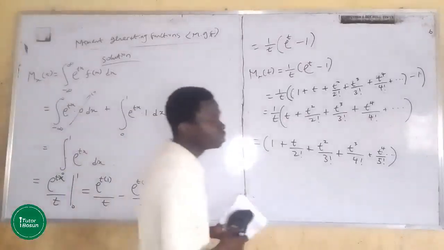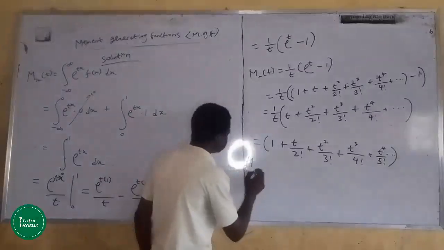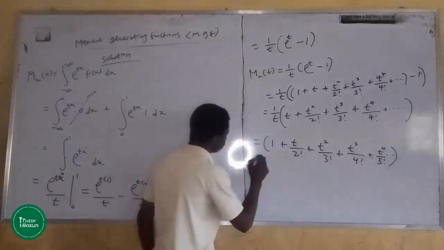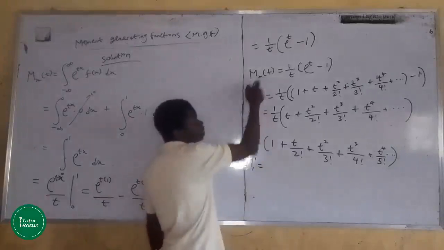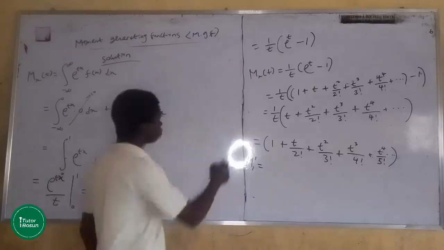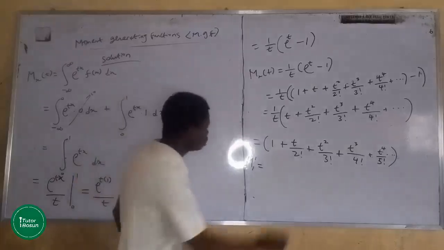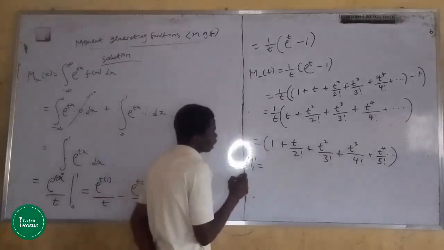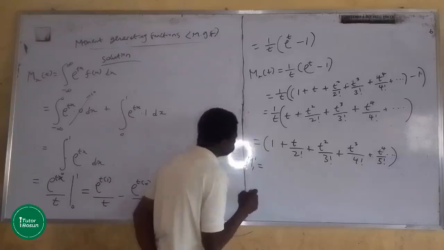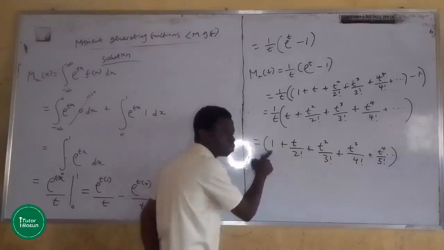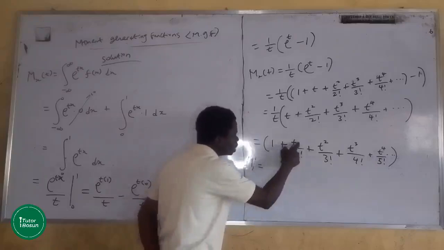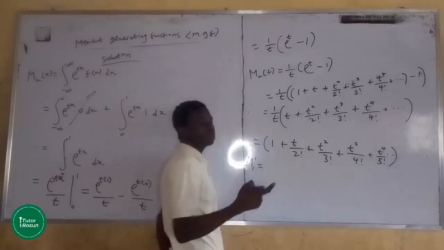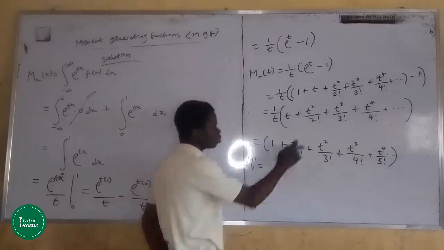So we can now determine our first moment. Determining our first moment, that's the first derivative of your moment generating function. So we want to differentiate this once. If you differentiate, 1 becomes 0. If you differentiate t over 2 factorial, 1 over 2 factorial will serve as a constant, you just focus on t.